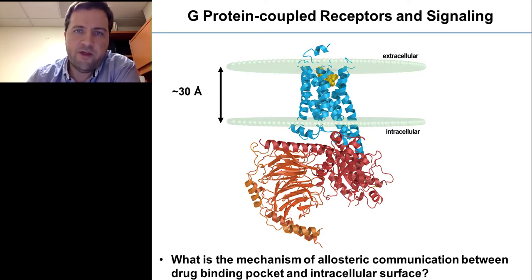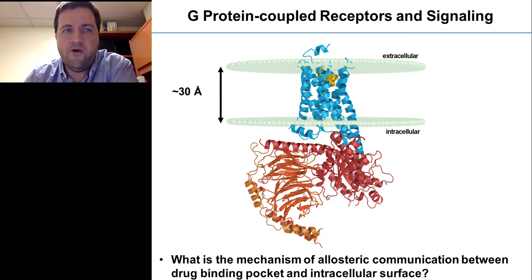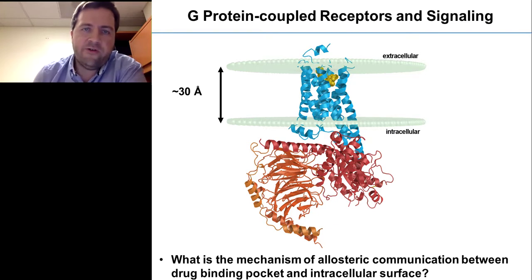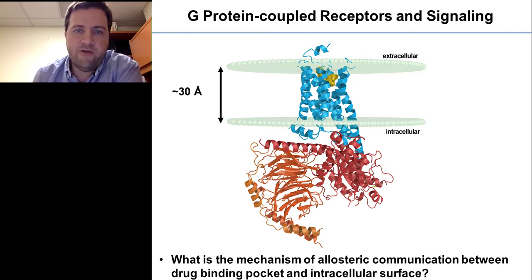The distance between that binding site and the site on the intracellular surface where the G protein forms a complex with the GPCR is about 30 angstroms, which is quite a far distance on a microscopic scale. So it's of great interest to me how this signal is propagated through the receptor to cause these conformational changes on the intracellular surface of the receptor, ultimately leading to complex formation with the partner protein inside of the cell. And that's what motivated my research.